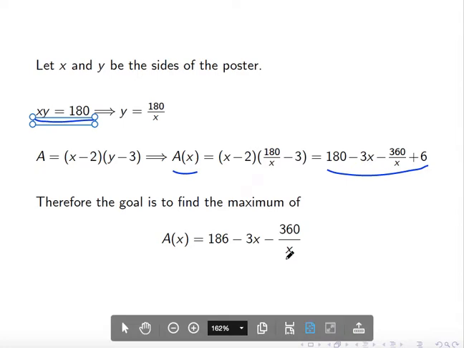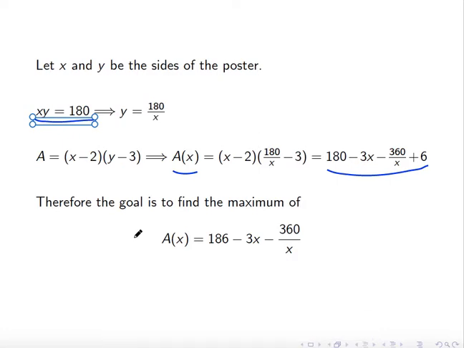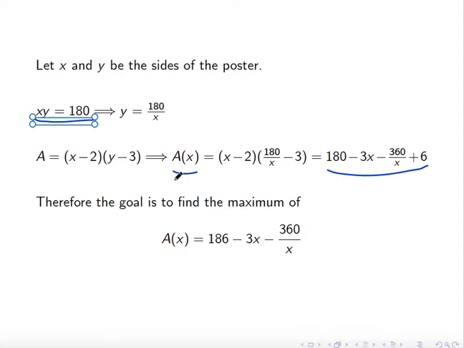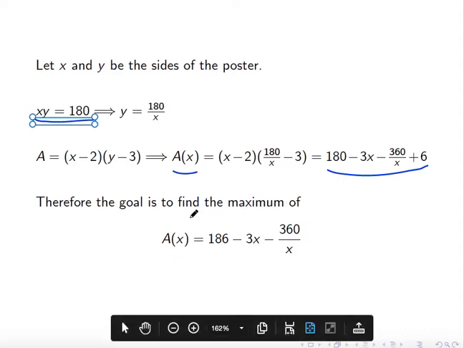Okay, to find the maximum of this function, we know that very important candidates of maximum of a function are the critical numbers of a function. Another candidates, if we have an interval, we have to check the endpoints of an interval. So here, let's first find the critical numbers of this function.